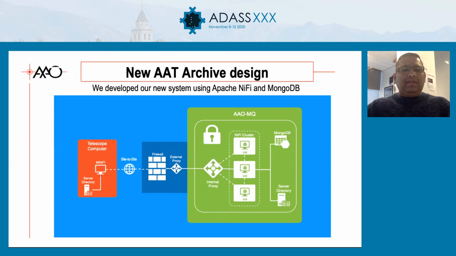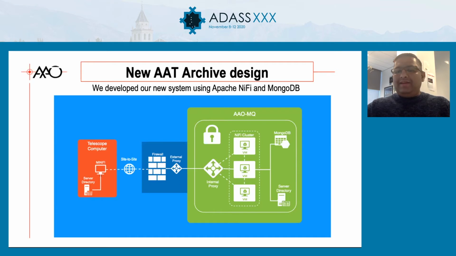So here, the MiNiFi instance monitors a couple of directories for the observational files and copies them over the internet to the main NiFi server, which is inside this green box. This connection is secure, and it uses a special protocol called site-to-site protocol. And the NiFi server is behind a firewall, and two proxies route the data.